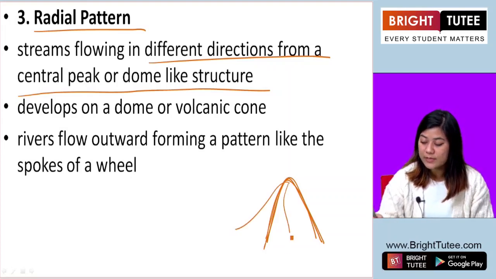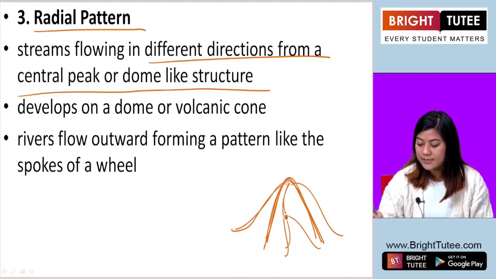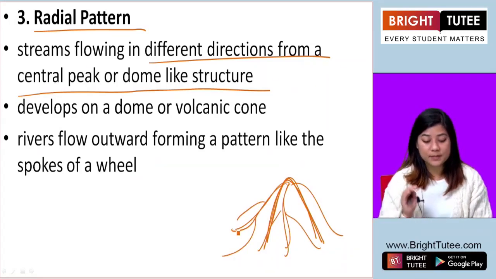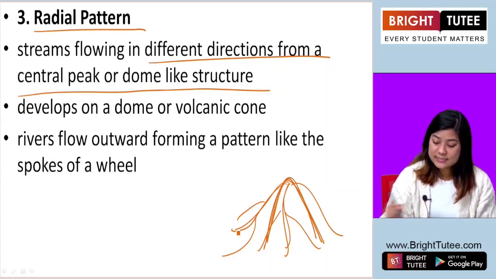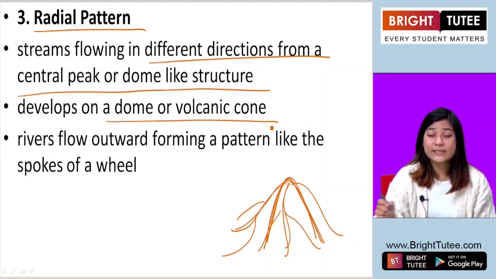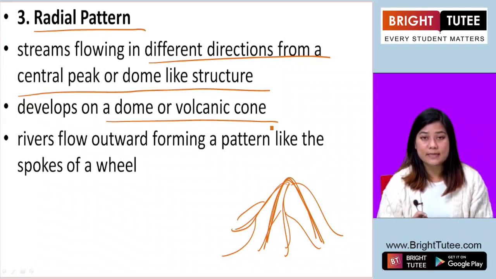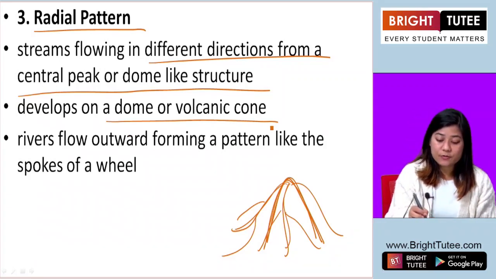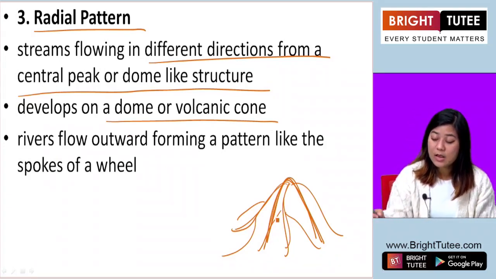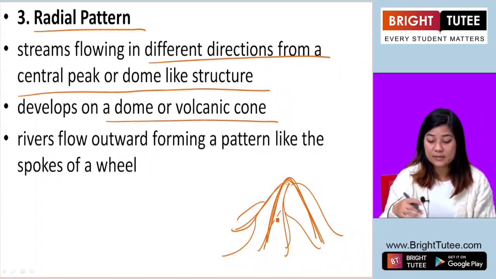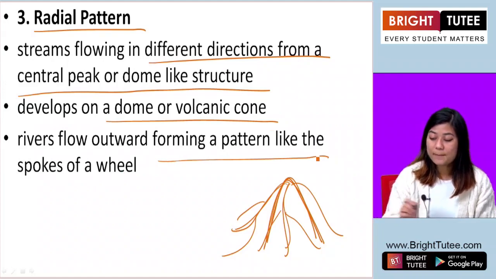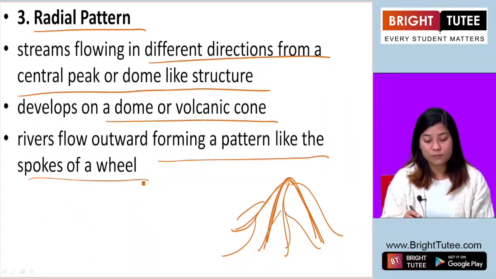So they flow away from the peak. All right. So they flow away from the peak, and this develops in a dome or volcanic cone on a volcanic mountain. All right, and the rivers that flow here are flowing outward from the peak, and they form a pattern like the spokes of a wheel.